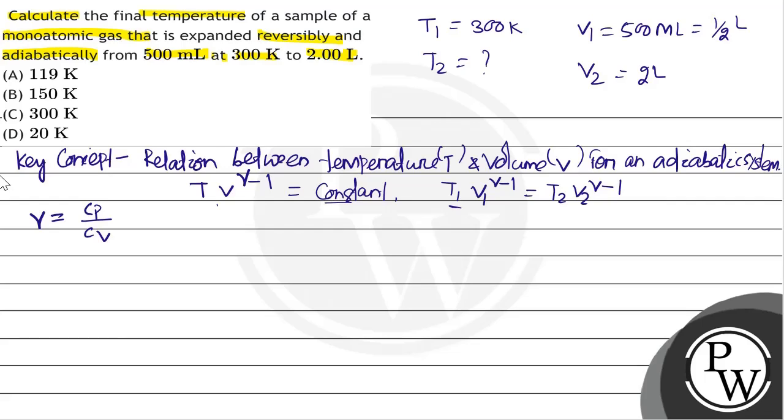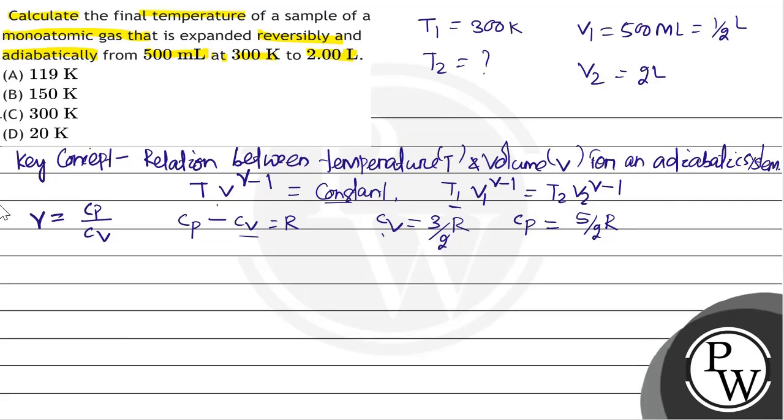As we know, Cp minus Cv is equal to R. This is a monoatomic gas and the degree of freedom for a monoatomic gas is 3, and here the Cv for the monoatomic gas is equal to 3 by 2R. After calculating by this equation we can get Cp is equal to 5 by 2R.